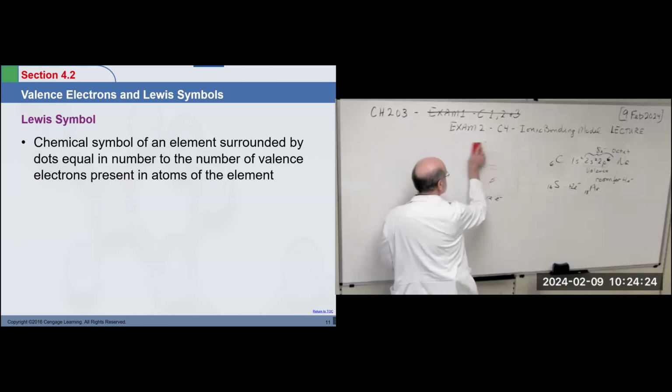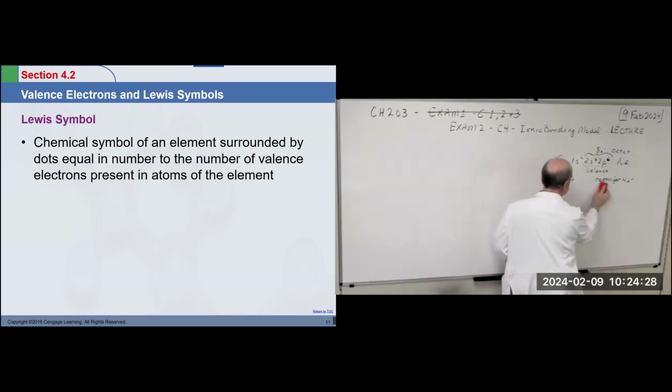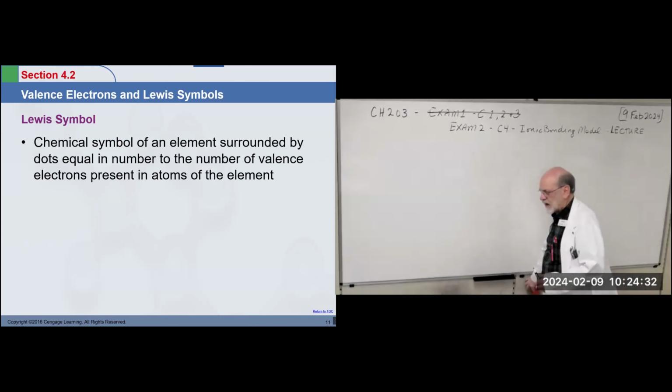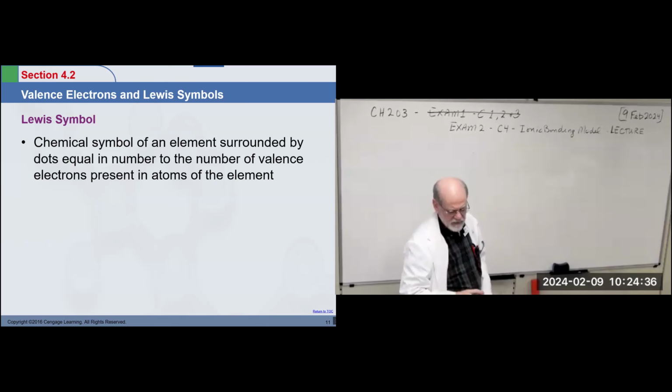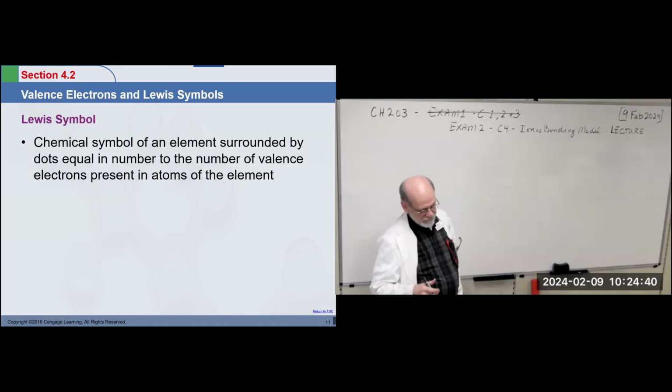So, now that we've been introduced to the octet rule, we're going to use a tool that was created by G.N. Lewis. And we often refer to it as the Lewis dot structure.